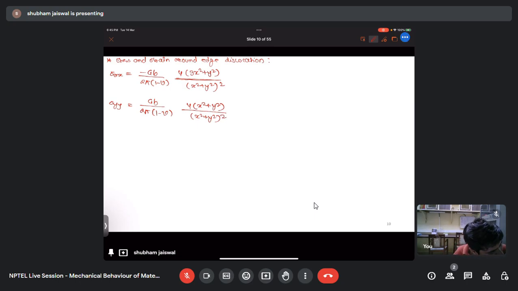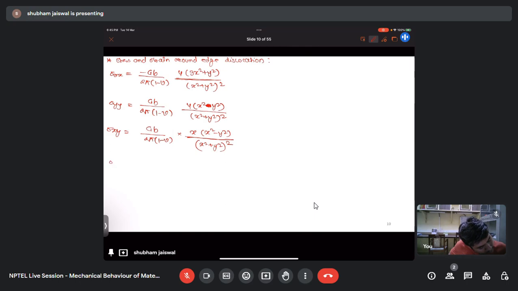Sorry, here it will be (x square minus y square), and sigma xy will be Gb upon 2 pi (1 minus mu) into x (x square minus y square) upon (x square plus y square) whole square.